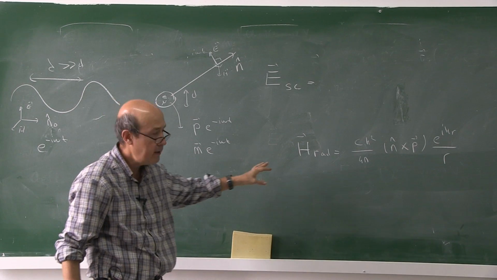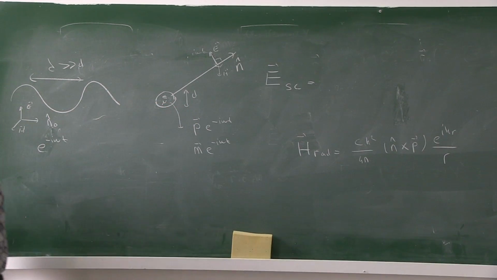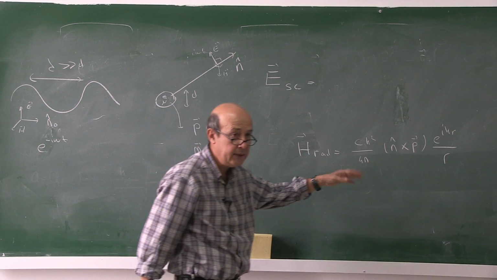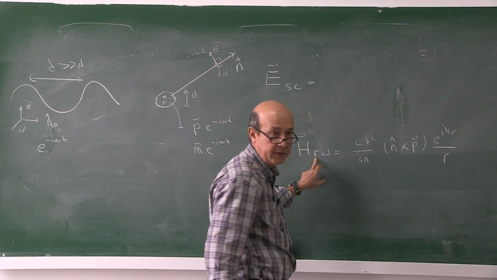So can you find this in your notes already? Yes, that's correct. If you have an oscillating electric dipole with some frequency omega, this is the H field.